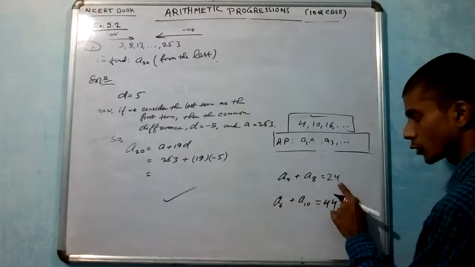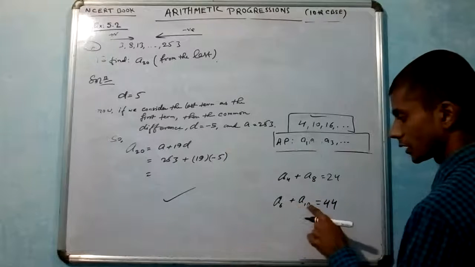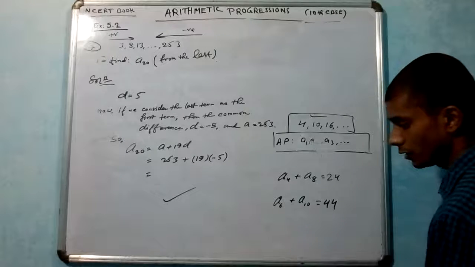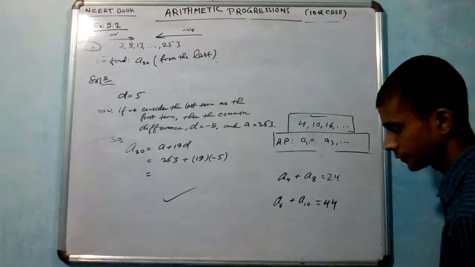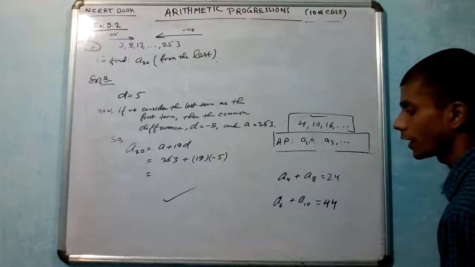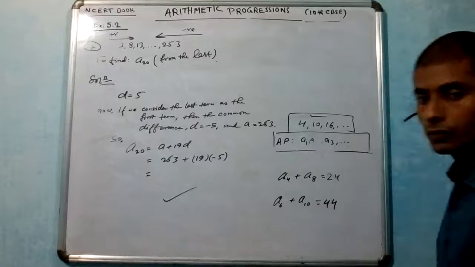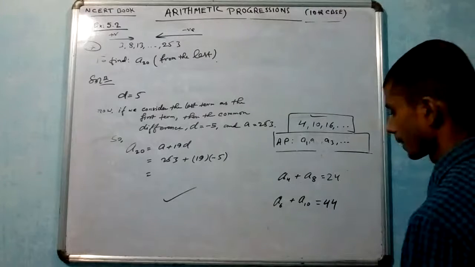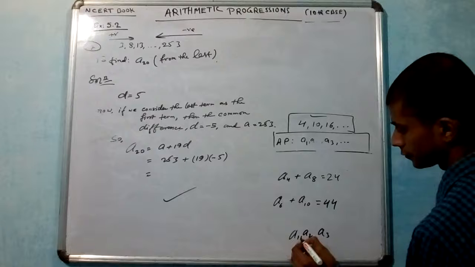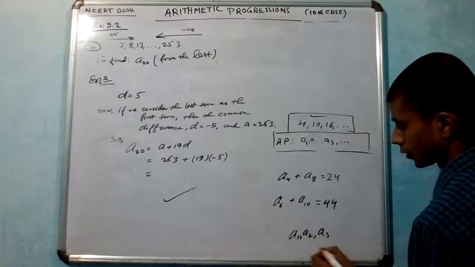You add the sixth term and the 10th term, you will get 44. And then it is asking to find what? The first three terms, that is A1, A2 and A3, we need to find. That will be the AP.